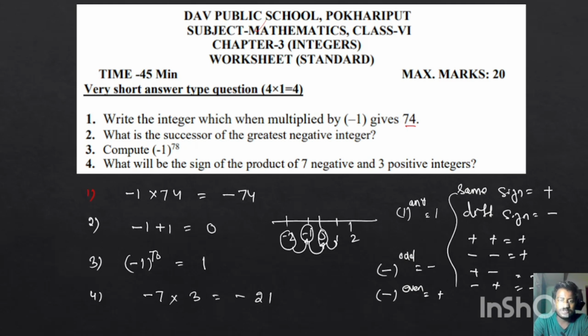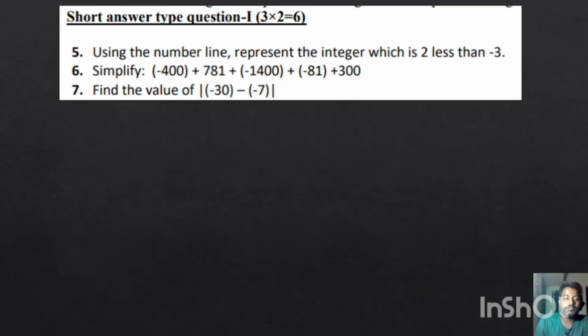Next, question number 5, 2 marks. Using the number line, represent the integer which is 2 less than -3. First we draw a number line. Here is 0, 1, 2, 3, 4, and here -1, -2 and -3.